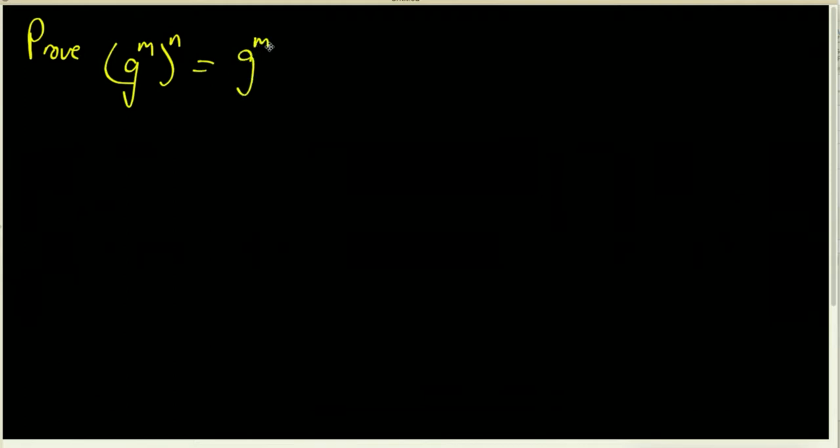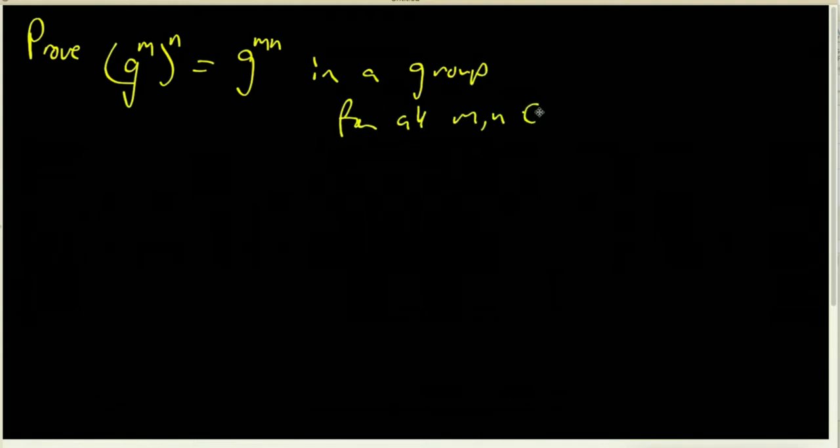In other words, we want to prove that g to the m raised to the n is equal to g to the mn in a group. And this is for all m's and n's pulled from the set of integers.